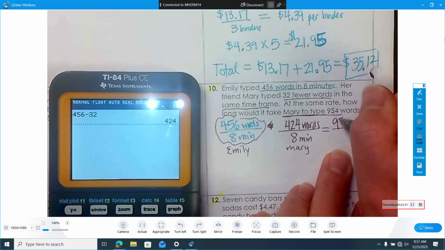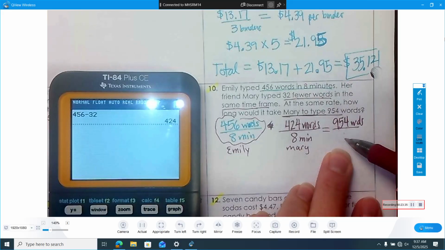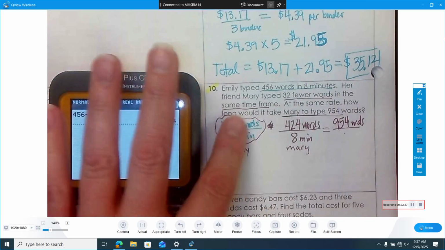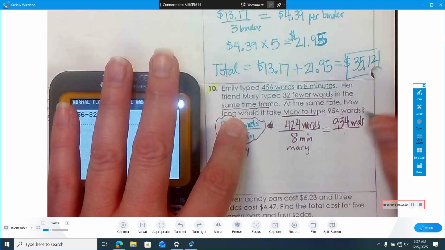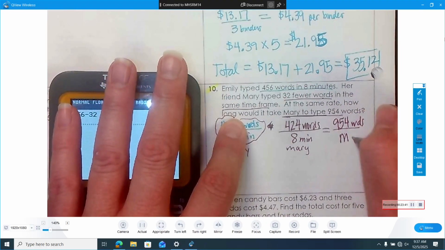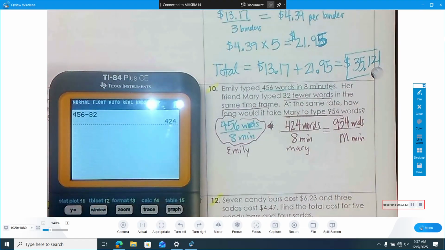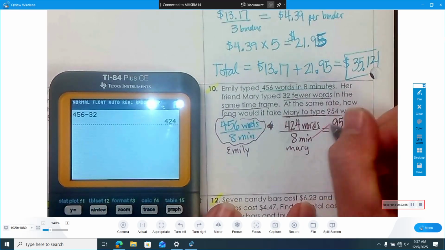On the top, 954 words. What should we put on the bottom? M for Mary, sure. How long would it take Mary? That would be M minutes. Mary's minutes. Okay, and from here we can cross multiply. So many of these questions you really need to read carefully, right? So we're going to cross multiply to solve here.